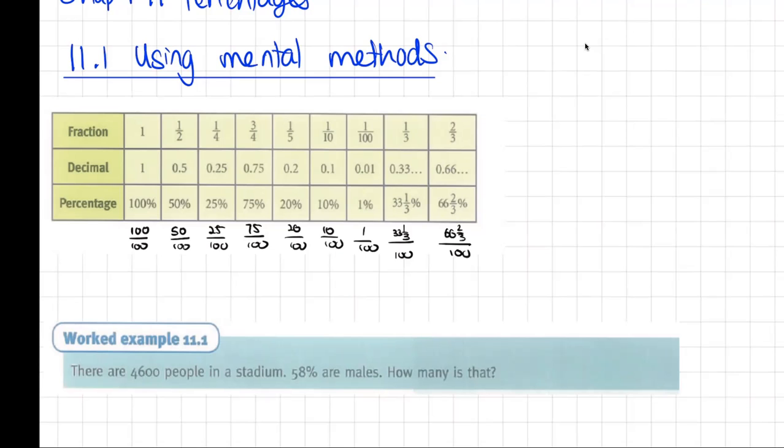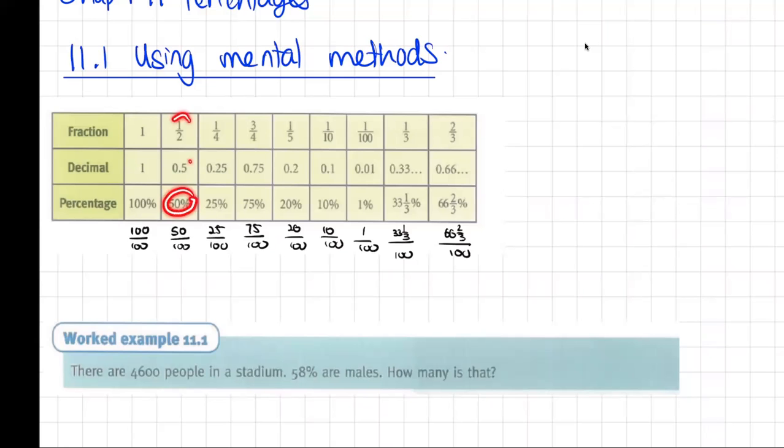All of this can be represented in terms of fractions as well, in the simplest form. 50 over 100 is 1 over 2, 25 over 100 is 1 over 4, 75 over 100 is 3 over 4, 20 over 100, which is 20%, is 1 over 5, and so forth.